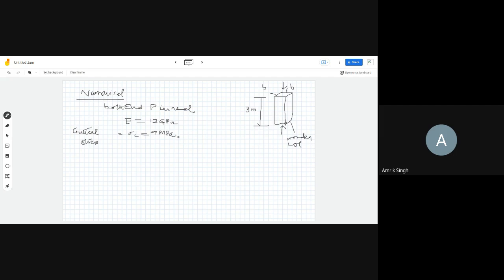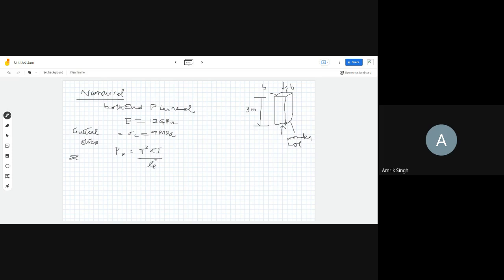So we have to determine the area, this side B. We know the Euler load or the critical load PE will be equal to pi square EI divided by LE square.